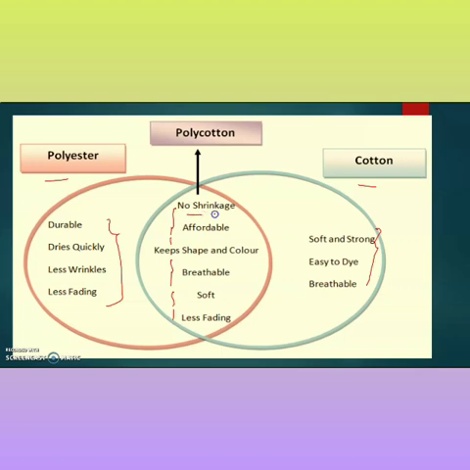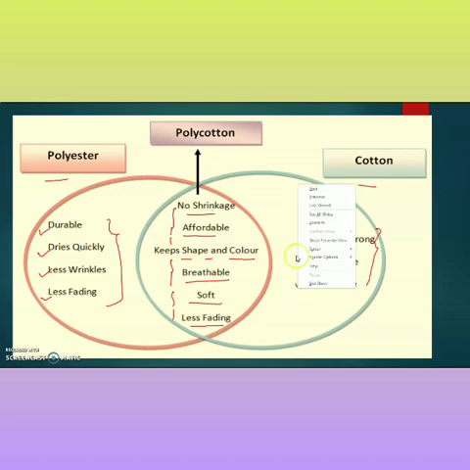It has no shrinkage, affordable, keeps shape and color, breathable, soft, and less fading. Besides this, they have the properties of durable, dries quickly, less wrinkle, and less fading of the polyester. And cotton properties, that is soft and strong, easy to dry, dye, and breathable. So actually, this has all the properties of polyester and cotton.